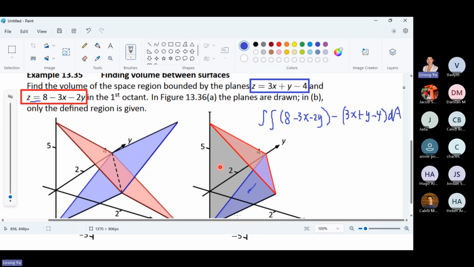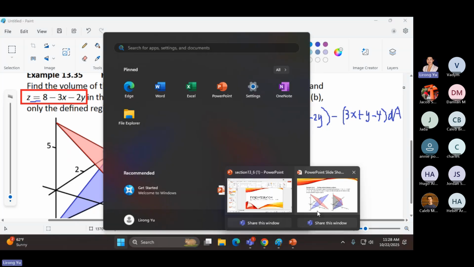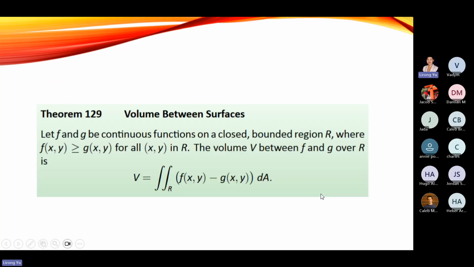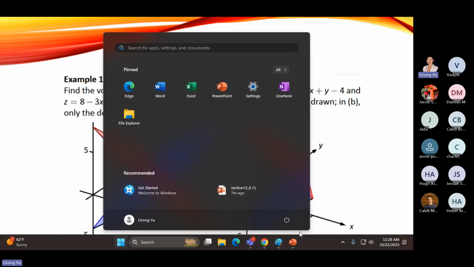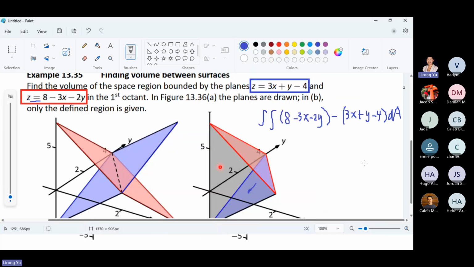If we follow the formula that we see in the text really closely, the first thing is you will identify what is at the top and what is at the bottom. That's why the visualization is very useful. And then it doesn't tell you what the integration region is, and that could be the problem. The text just went through this really fast and the solution is already out there.